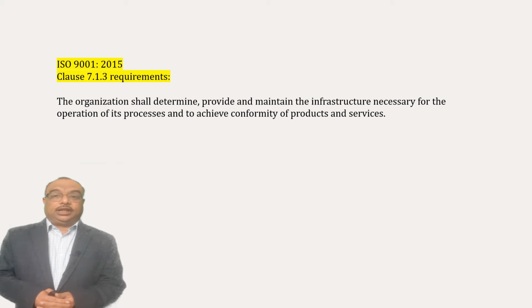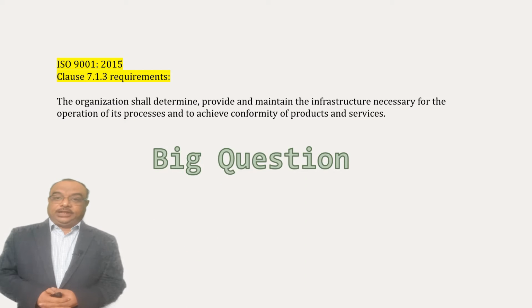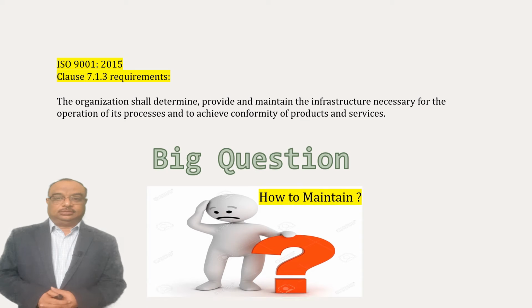So here it is very important to maintain the infrastructure. But how can we maintain it? This is a very big question: how can we maintain this infrastructure, these machines, or in other words, how can we achieve zero breakdown? This is a very big question for each and every industry.